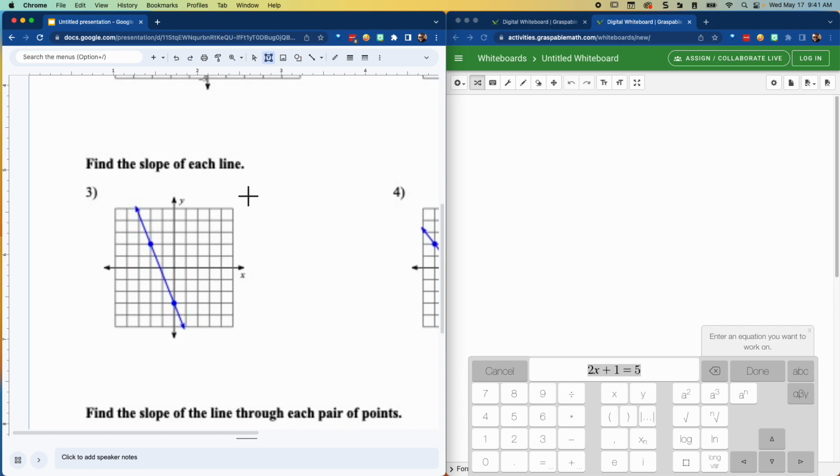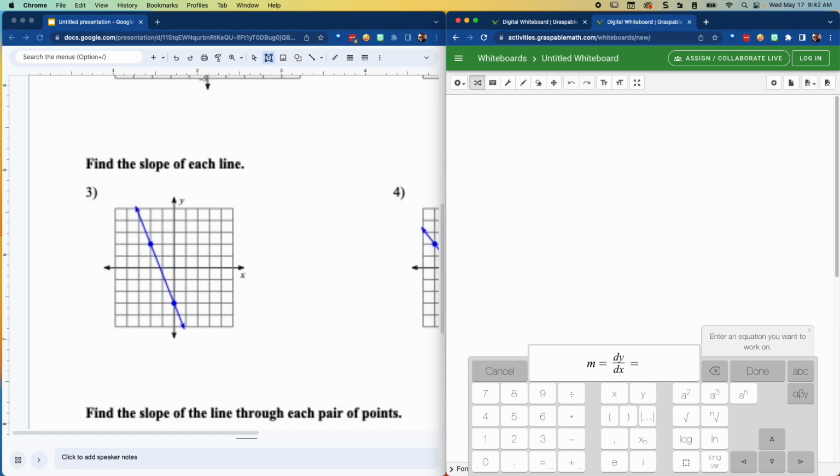So a lot of times I'll actually use this over here because it's a little bit better at equation writing. A lot of times we say that it's m equals and then a fraction, and for this fraction we'll say like the difference in y over the difference in x.